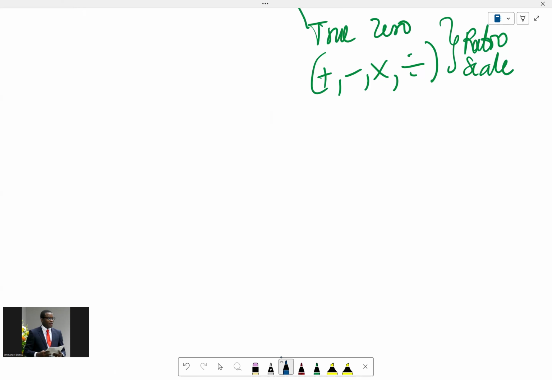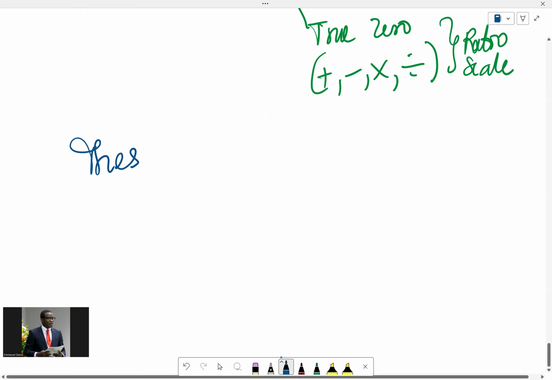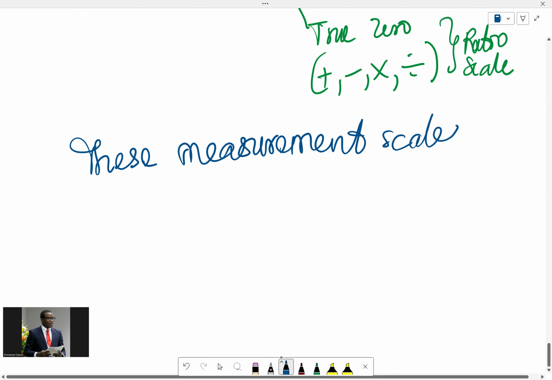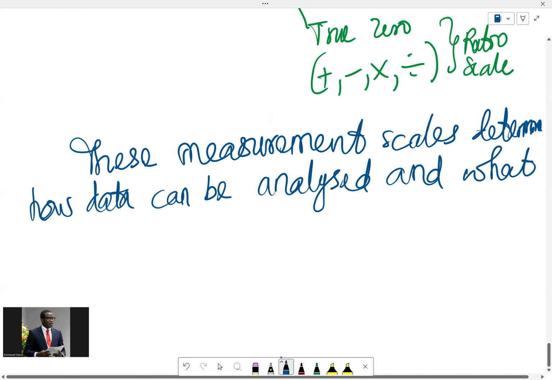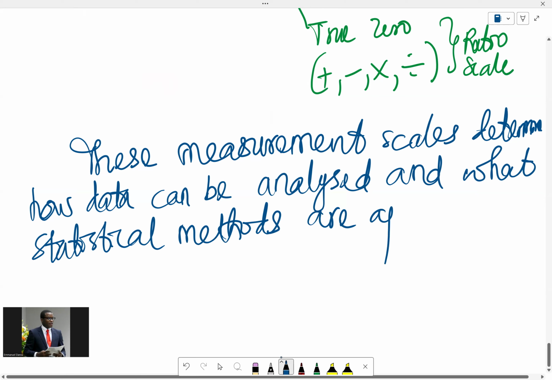These measurement scales determine how data can be analyzed and what statistical methods are appropriate for the data.